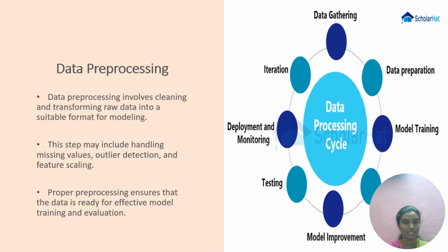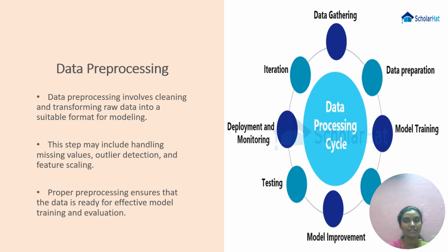Data preprocessing is one of the most important steps for a successful model in machine learning. Data preprocessing involves cleaning and transforming the raw data into a suitable format for modeling.